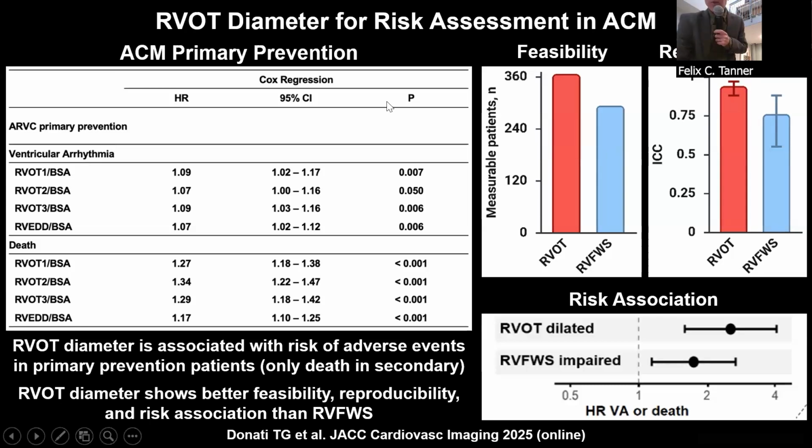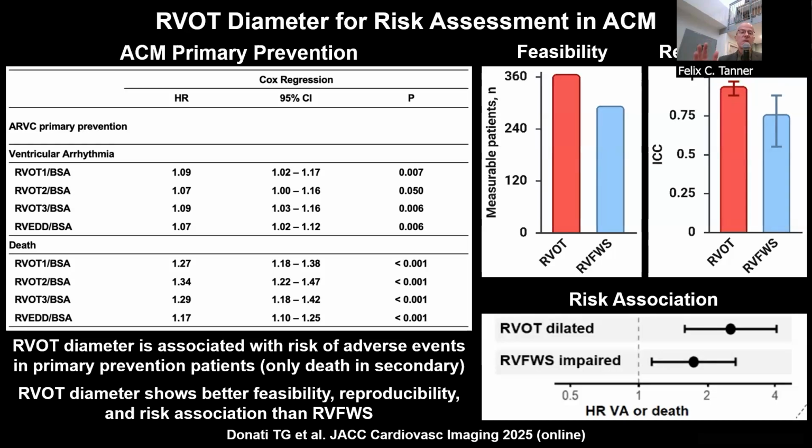And here on the right-hand side of this slide, we compared it with the strain, because strain now in echo is everywhere. Everybody loves it and everybody uses it, but it's not such a simple measurement, the strain. I personally think it's rather delicate. And this here is clear: the simple diameter has better feasibility, better reproducibility and even a stronger risk association than the strain.